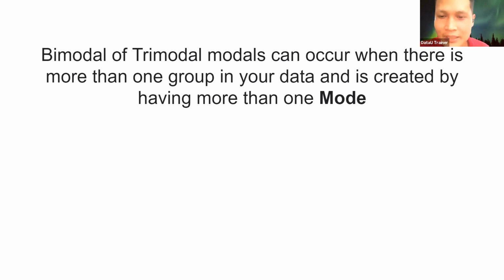You can tell me, what's a mode again? A mode is the same number that happens a lot of times in the data. Okay, I believe a lot of you touched on this. Someone said frequency, someone said a lot of high numbers and the peaks. So if there is more than one mode, say one mode was 80, meaning 80%, but it wasn't just 80, there's another number that's very high, could be 60.